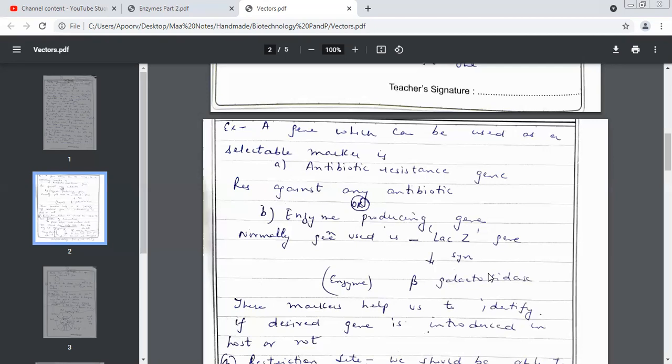Look at the examples, then you'll be able to understand in a better way.